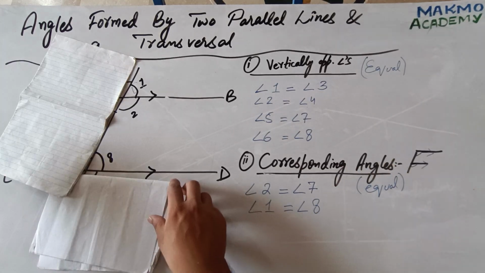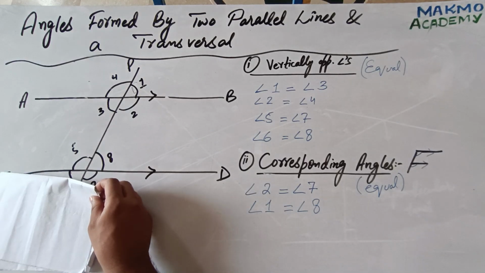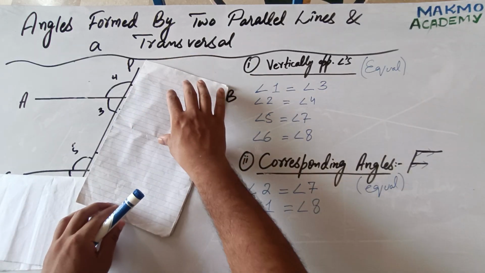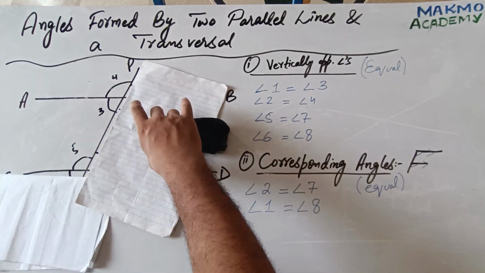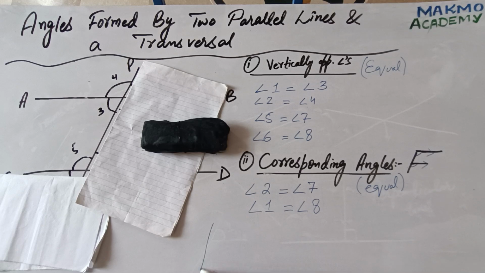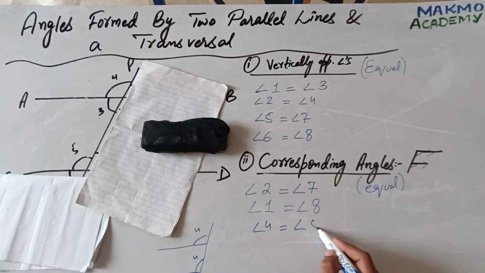Now there are more possibilities of finding the letter F. Another inverted letter F over here. Can you see this letter F? Another inverted set of letter F like this. So this is another set of letter F, angle 4 and angle 5. So it means that angle 4 is equal to angle 5.